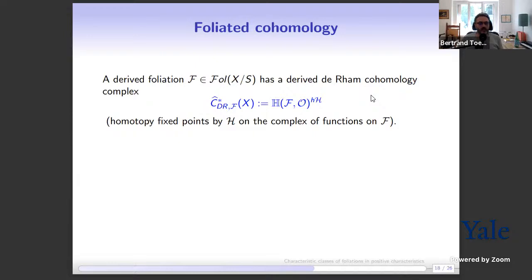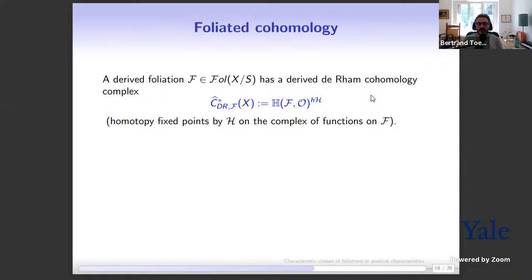Okay, now I'm going to talk about cohomology of foliations. Suppose you have a derived foliation, you can define its derived de Rham cohomology. By de Rham cohomology of a foliation, you should think of de Rham cohomology along the leaves, so longitudinal cohomology. Classically, you mod out the de Rham complex of X by the differential ideal, and you take the cohomology of the result.